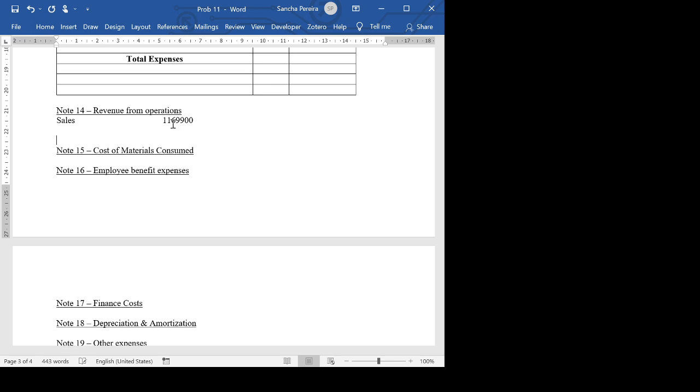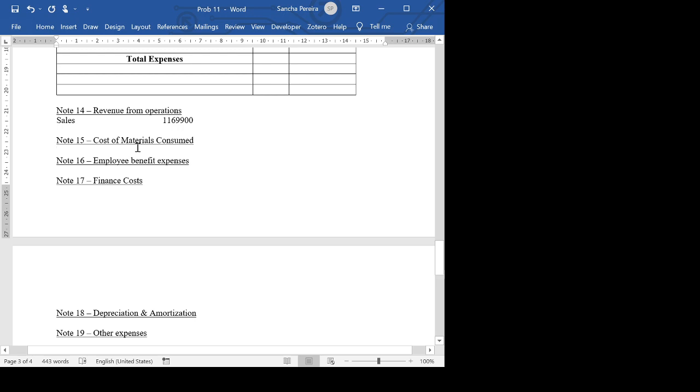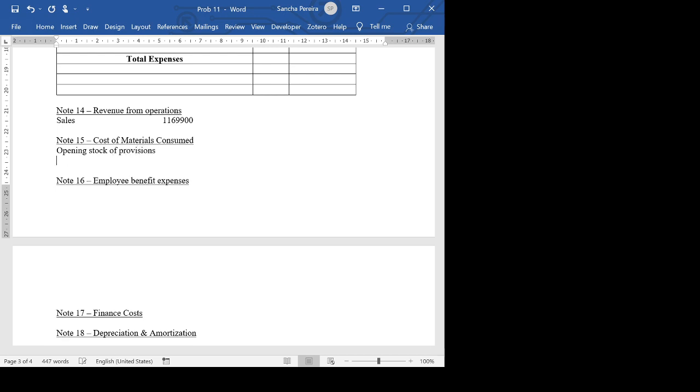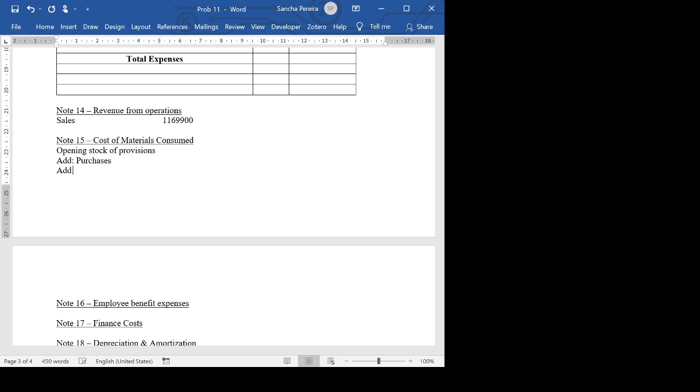So I directly go to cost of materials consumed. Here we calculated opening stock of provisions. We have purchases, so add purchases. We also have carriage inward here. I told you why we add carriage inward.